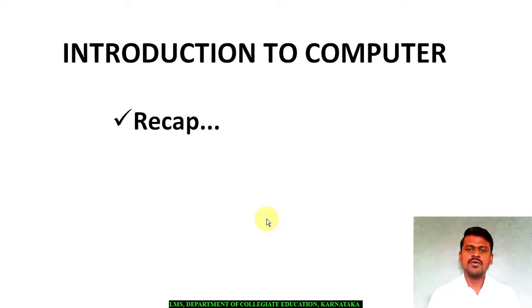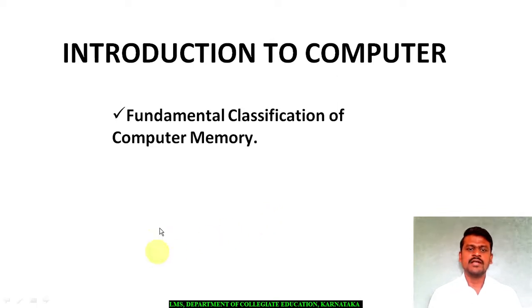So now in today's class we are going to learn about the fundamental classification of computer memory. This means that in the computer we have 4 units. Out of that we are concentrating on the memory unit now.